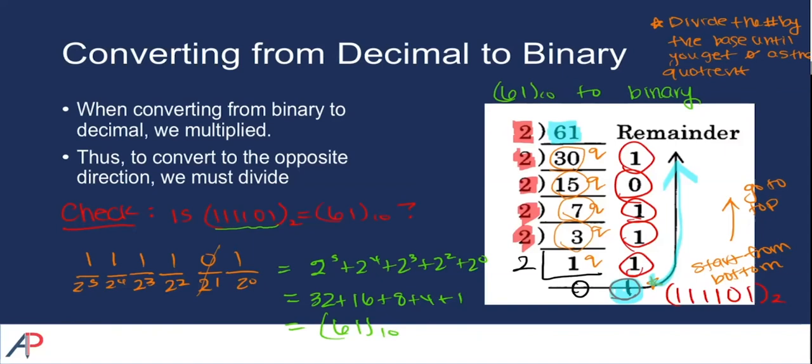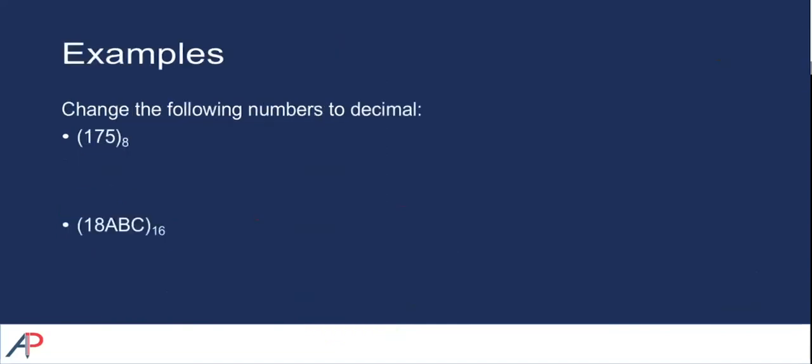When we were converting to a binary number, we always divided by 2 because binary is a base 2 system. Now we're dealing with other numbers, base 8 octal or base 16 hexadecimal. The only difference is that instead of dividing by 2, we will be dividing by 8 or 16, depending on what our number system is. So let's go ahead and try these out.